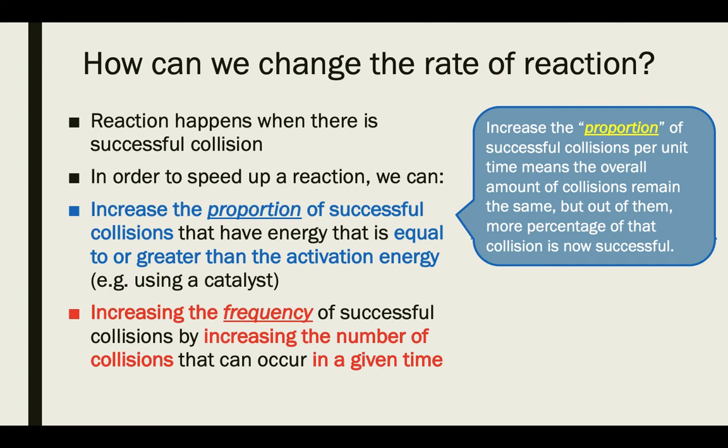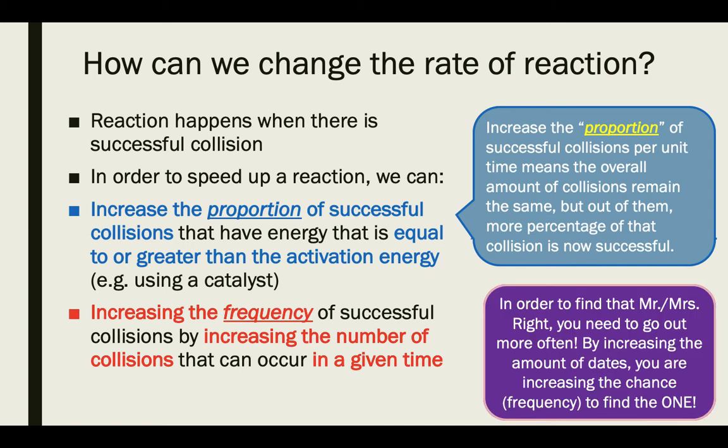So it's kind of like for the first option, we're increasing the numerator of this fraction, and for the second option, we could also keep the percentage the same, but if we can increase the overall amount of collisions, then there's more chance of having successful collisions within that same period of time.